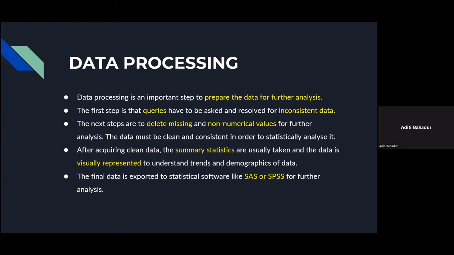So in this visual representation, you can look at different options, like a bar chart or a box plot or a scatter plot, depending on what you want to see. For example, if you want to see a range of data, it might be really helpful to take a box plot.